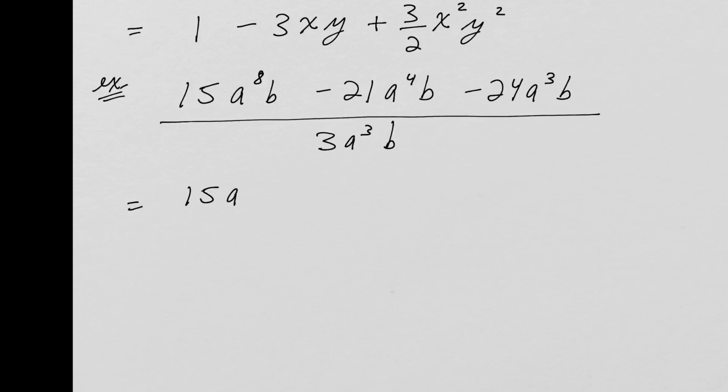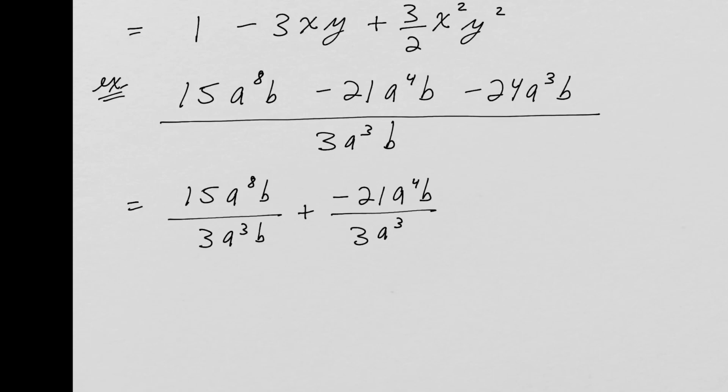So I have 15a to the 8th b over 3a cubed b, plus negative 21a to the 4th b over 3a cubed b, plus negative 24a cubed b over 3a cubed b.